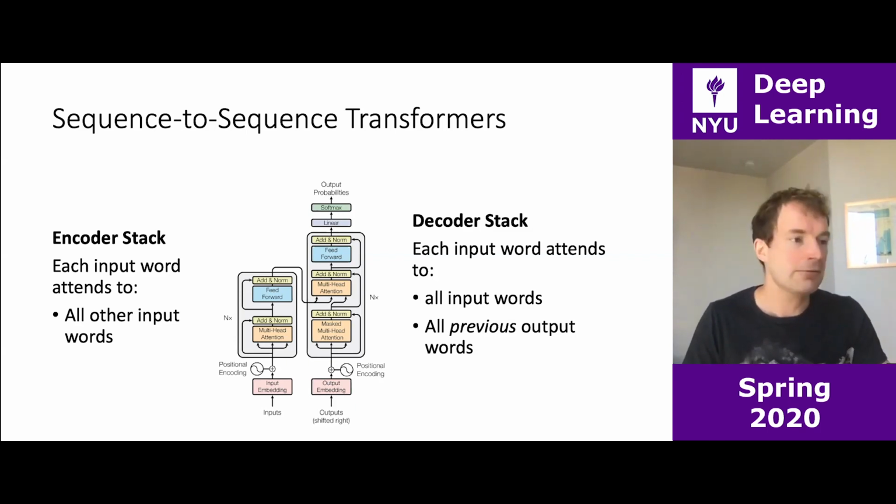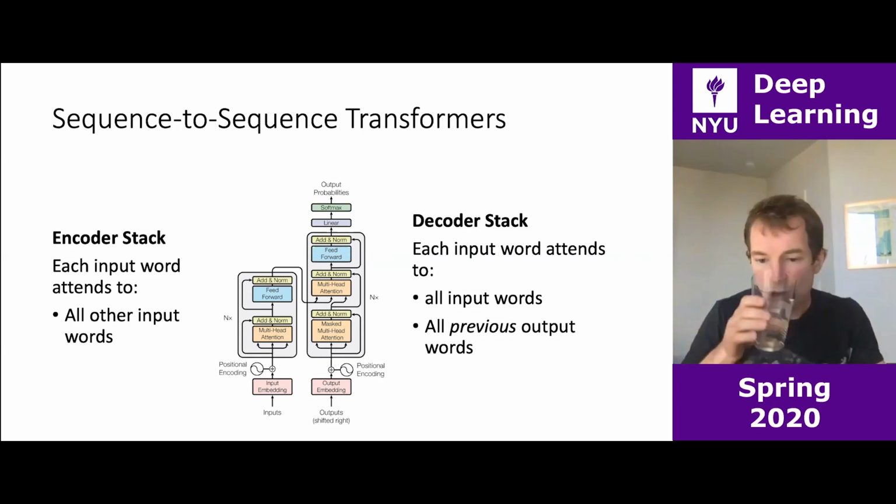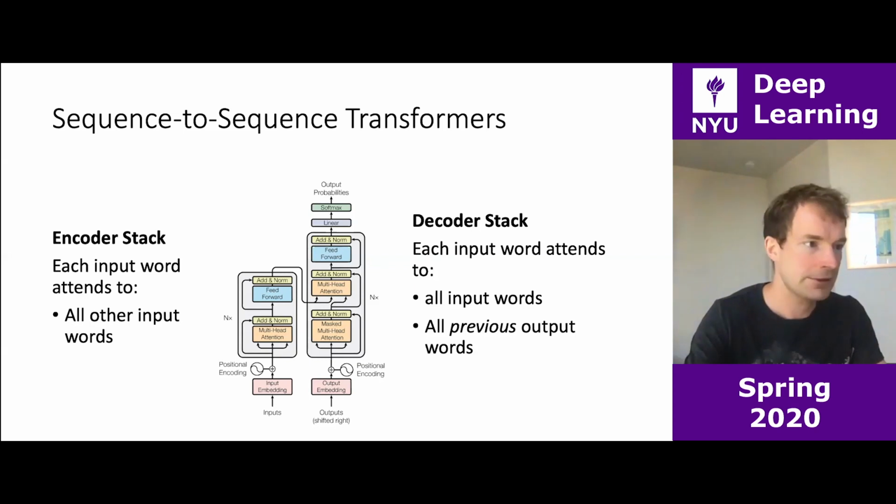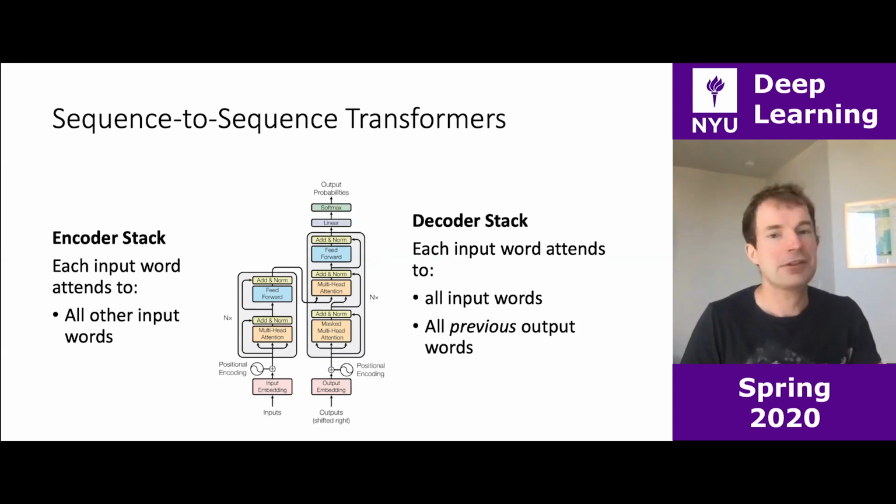The decoder stack will be similar, except that as well as doing self-attention over itself, it's also going to do attention over the complete inputs. So this means that every token in the output has a direct connection to every previous token in the output, and also to every word in the input, which makes these models very expressive and powerful.